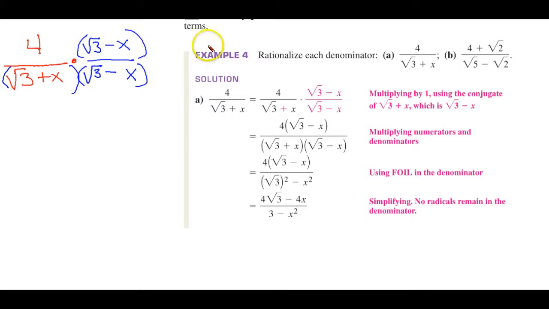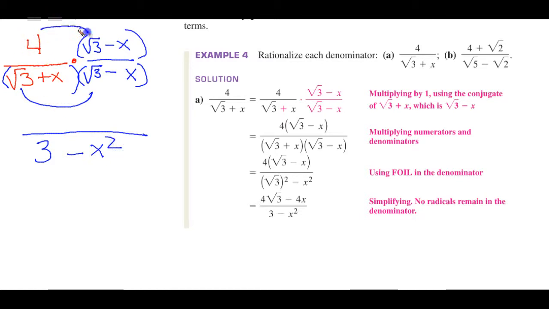And this is a 1. We're allowed to multiply anything by 1 without changing its value, and we choose the 1, in a sense here, to rationalize our denominator. So when we FOIL, this becomes the square root of 9, which is 3, and this becomes a negative x squared.